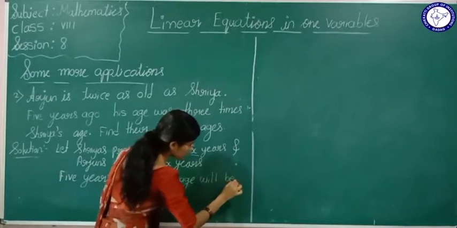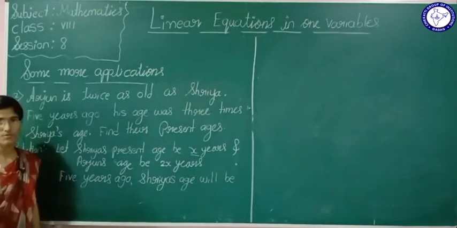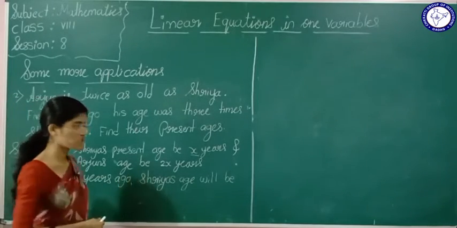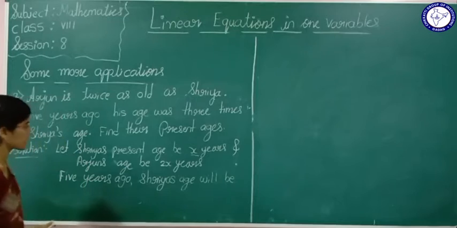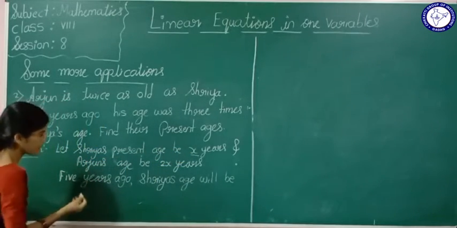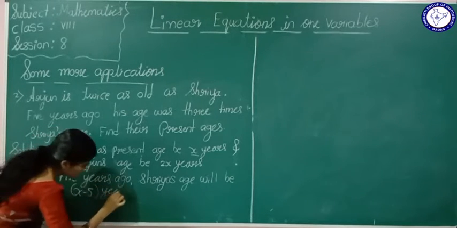They are not given after. 5 years ago means before 5 years. What was Shreya's age? We took Shreya's present age to be x. It will be x minus 5 years.